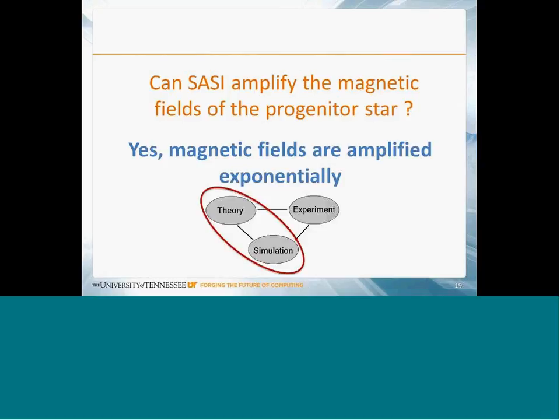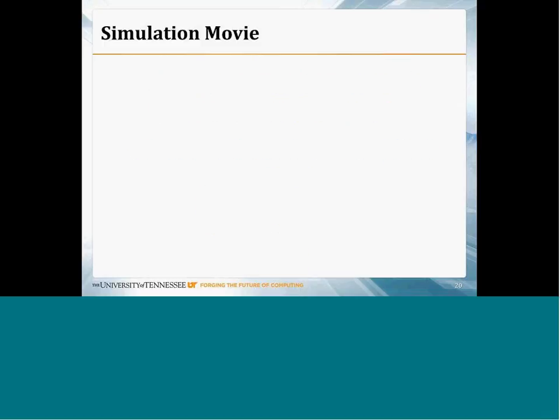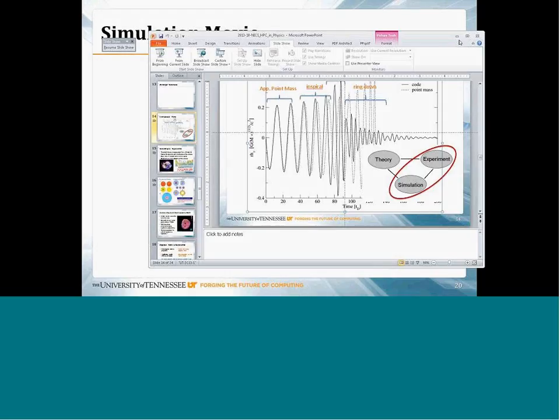Again, as I mentioned earlier, this is an example where computer simulation informed, or is developing, the theory of core collapse supernova. So we ran an experiment where we put a magnetic field on a supernova shock, and we just run the movie.